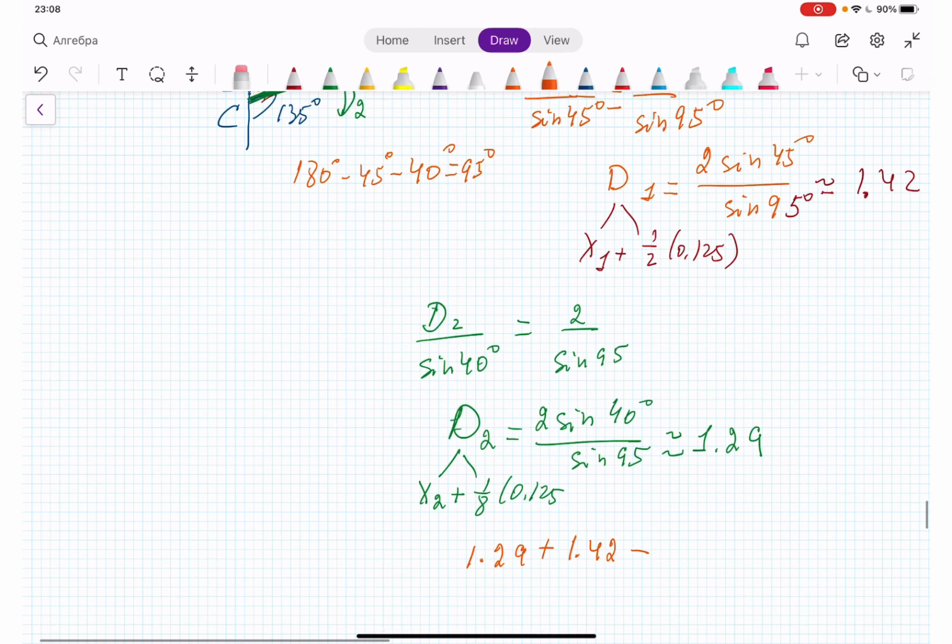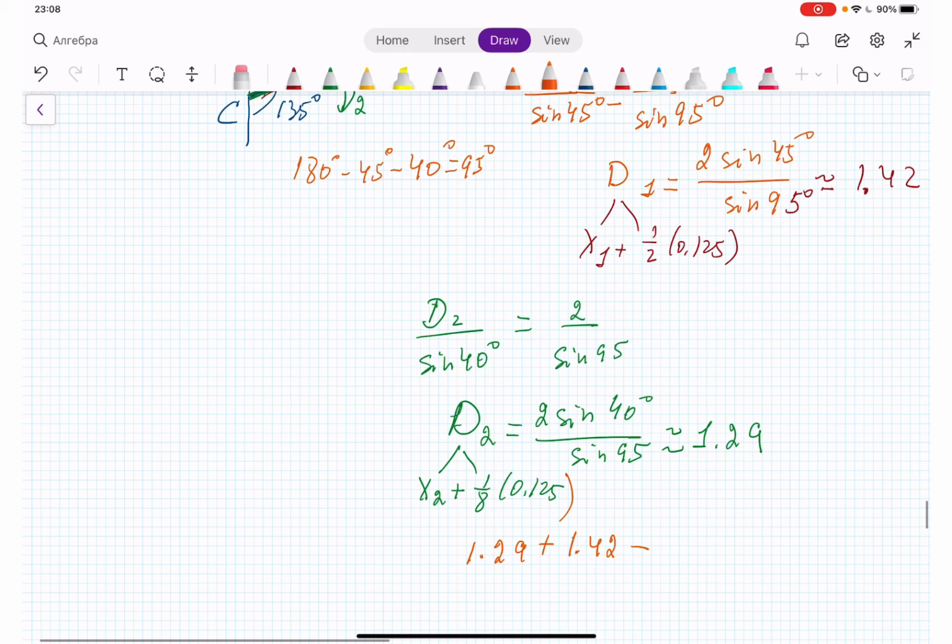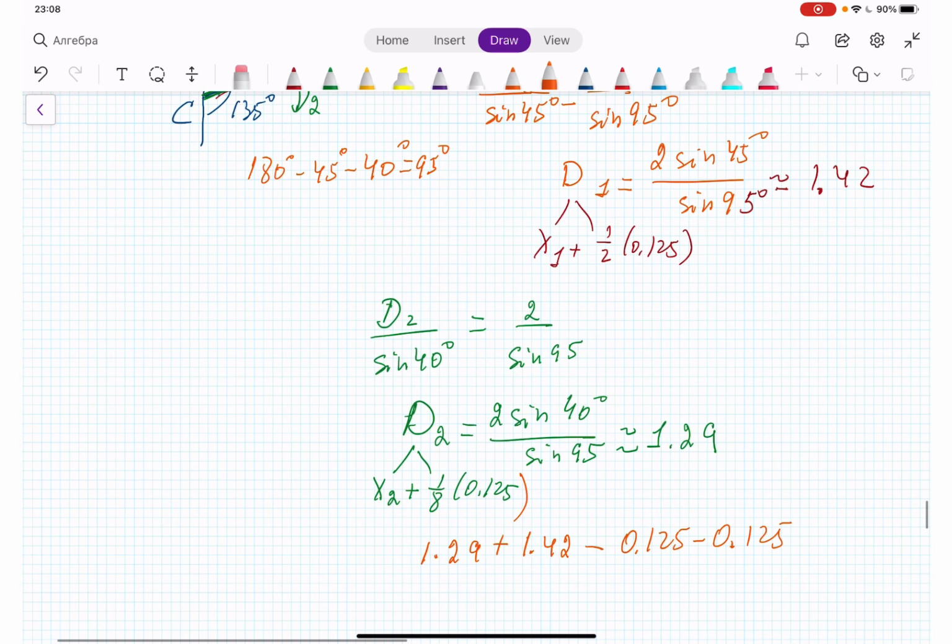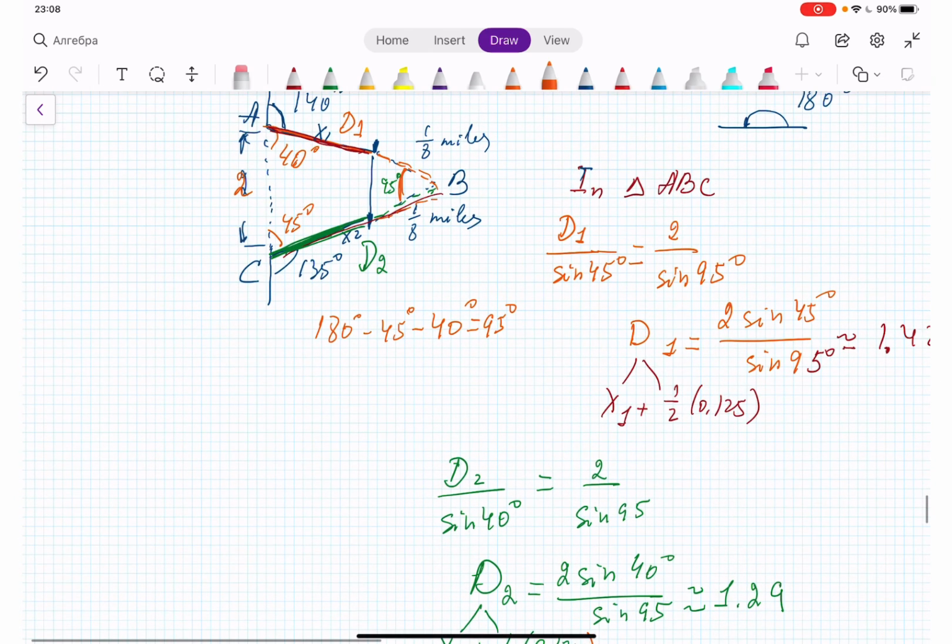So 1 over 8 is 0.125, so minus 0.125, and then minus another 0.125. Or I could put 0.25, I just do it this way for readability. And this will give me 2.46 miles. So we found X1 and X2.